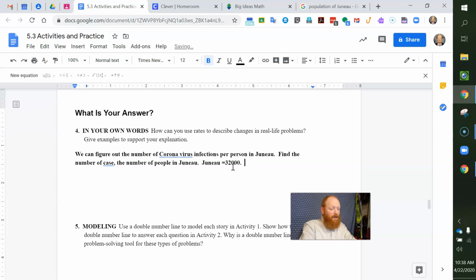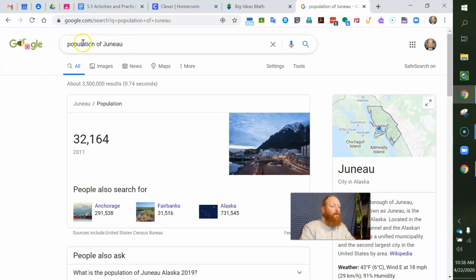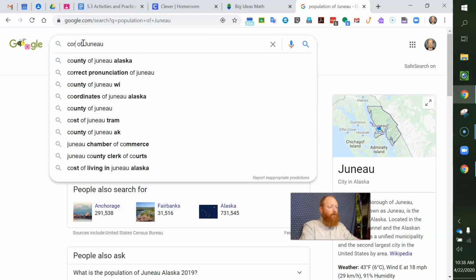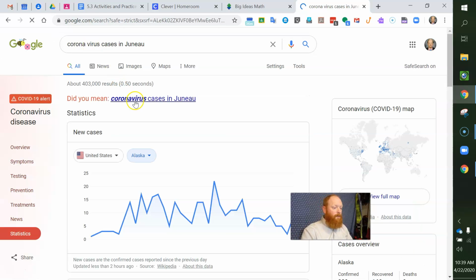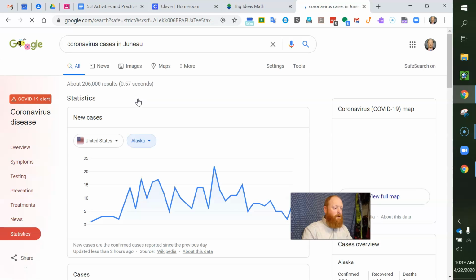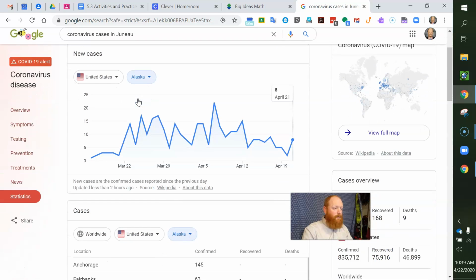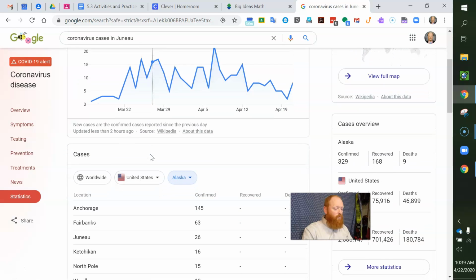Okay. And coronavirus cases in Juneau. Juneau, 26.